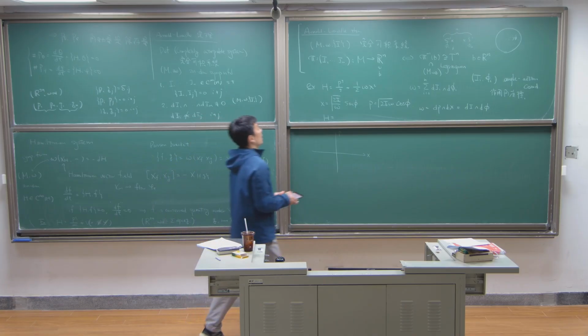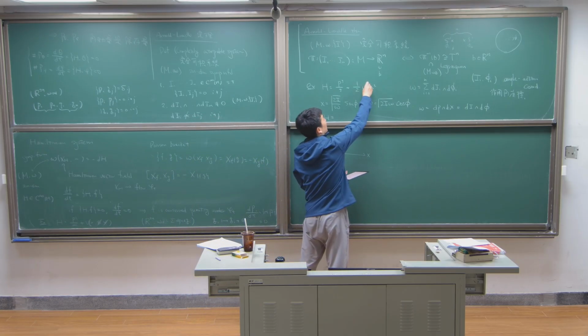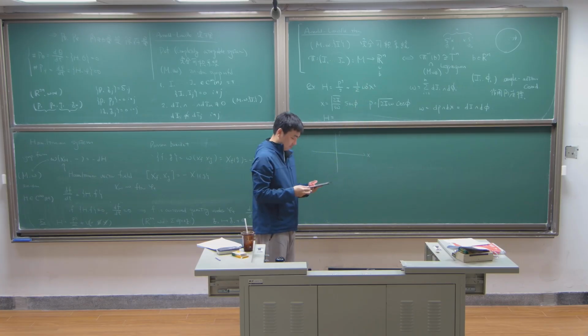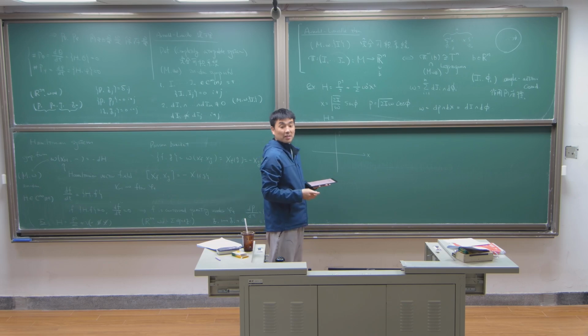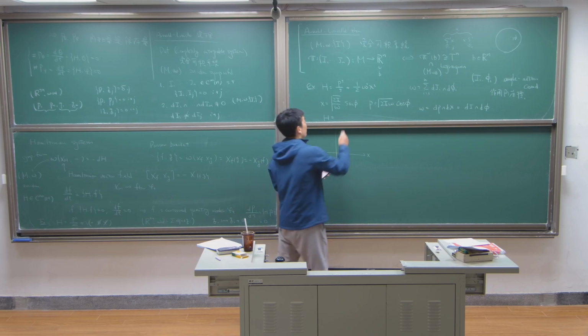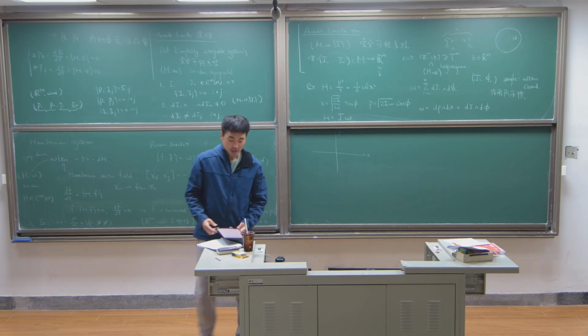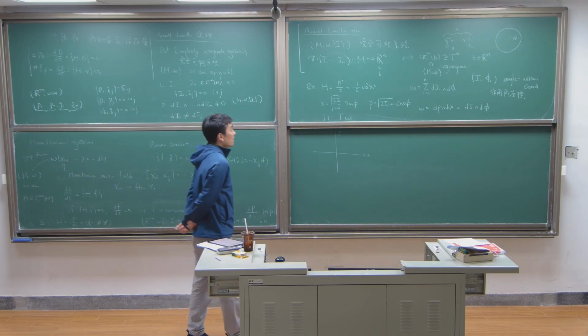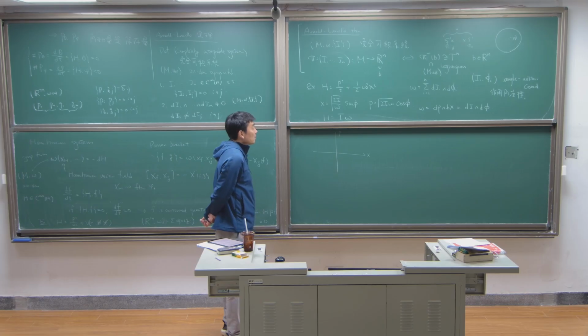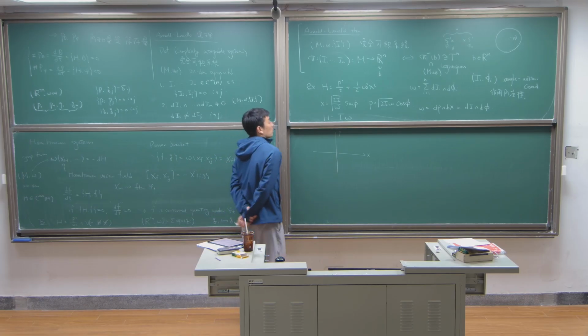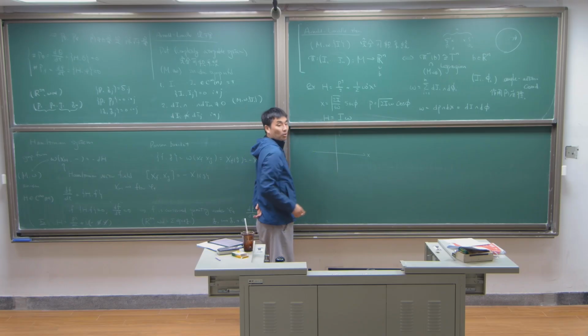Sorry, I think I made a mistake. This is correct. What? I omega. Okay. So H is equal to constant means I is equal to constant.